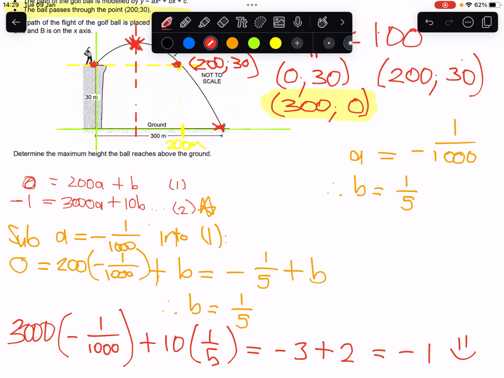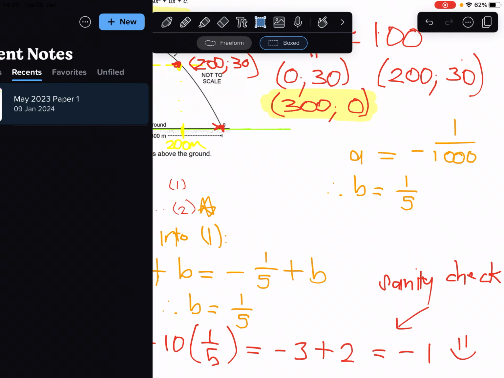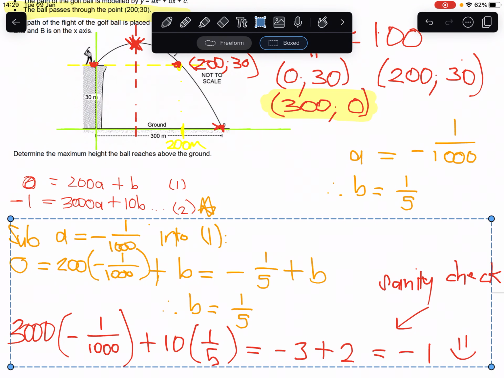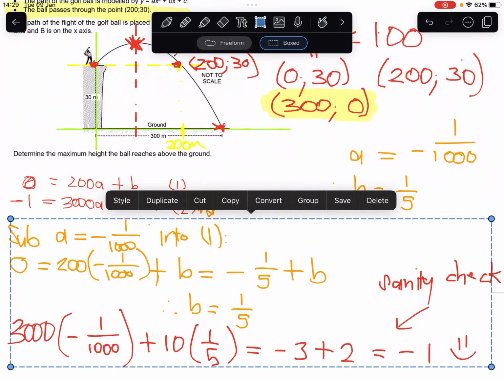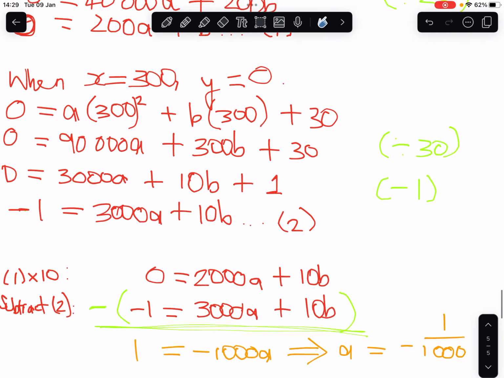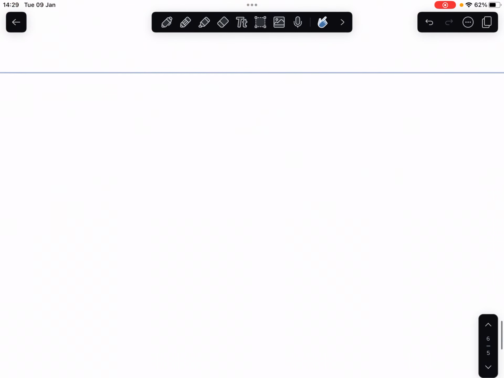So this is sanity check. Okay, right, we can now move our stuff. Oh, new page.